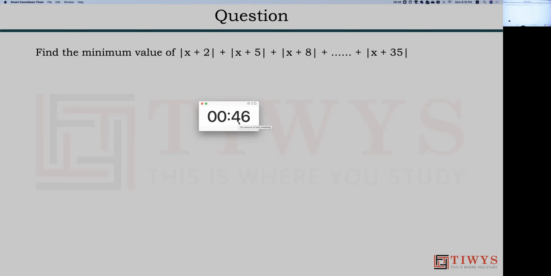All three answers are different till now, 36, 33, 37. 36 has been repeated.